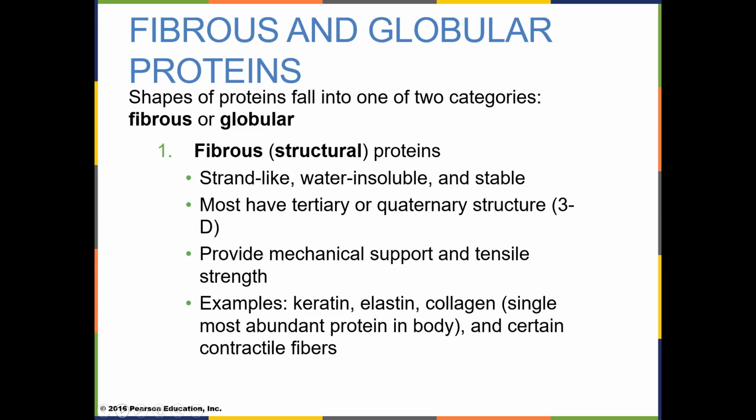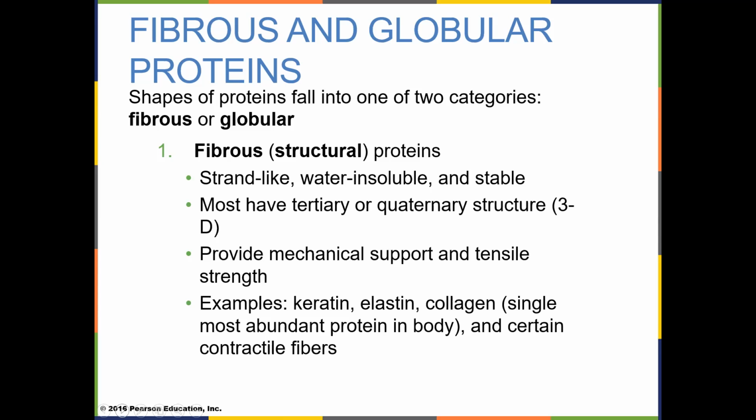Anyway, keratin, the waterproofing compound in our bodies. Elastin, elastic fibers in our skin and our cartilage and our arterial walls, lets us rebound and expand and contract and resume our shape. And of course, collagen, the single most abundant protein in the body.